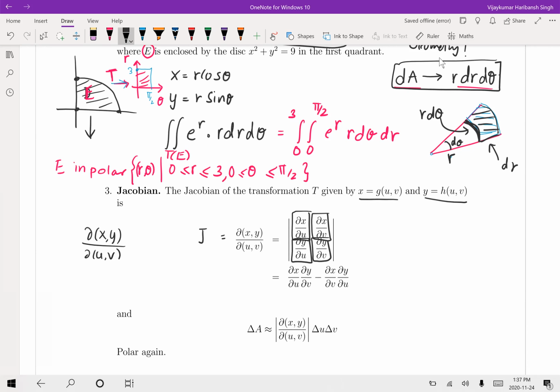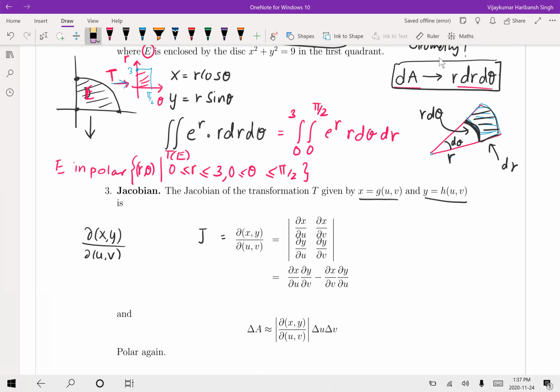And it's a determinant of this object. So determinant is this guy multiplied by this guy minus this guy multiplied by the other one. So you multiply the diagonal ones and subtract them. We have already seen this when we were doing the cross product.